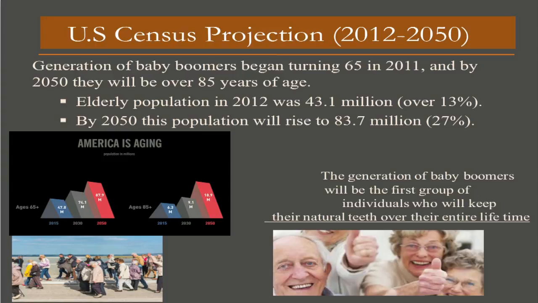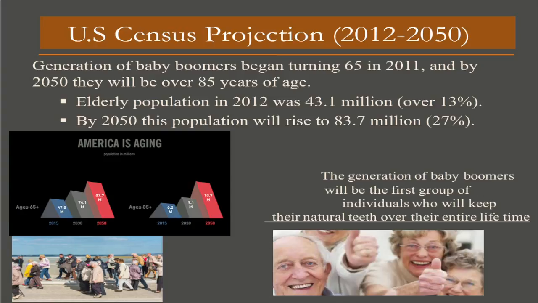The generation of baby boomers began turning 65 in 2011, and by 2050 they will be over 85 years of age. The elderly population in 2012 was 43.1 million, approximately over 13% of the U.S. population.